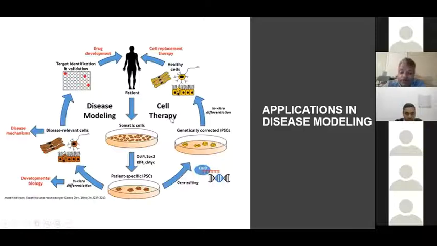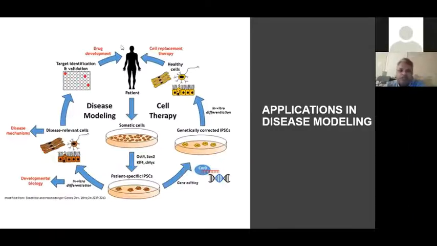So it is a powerful tool: iPSC derived cells from diseased patients can be used for drug development as well as cell therapy applications. That's a tremendous benefit of iPSCs and stem cells.